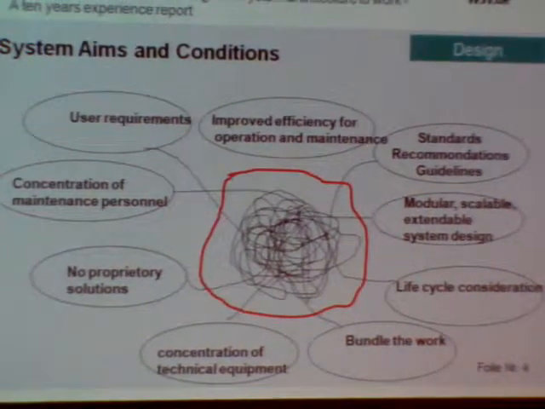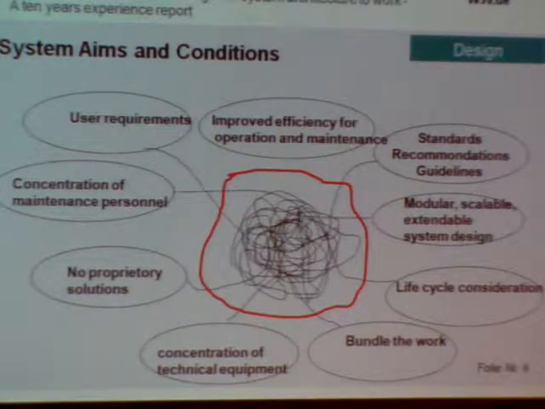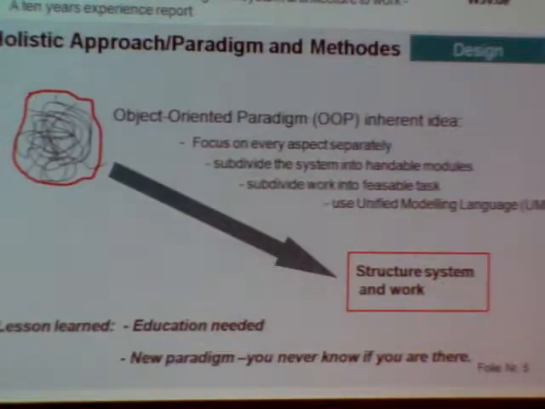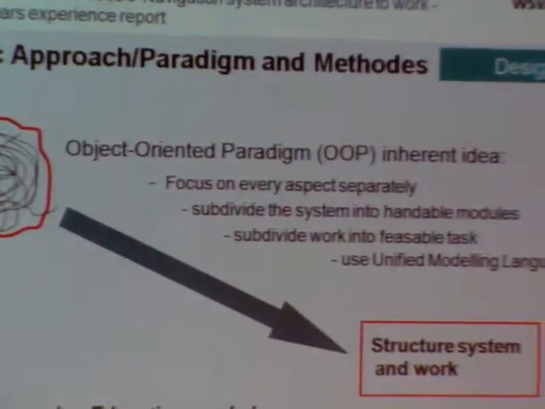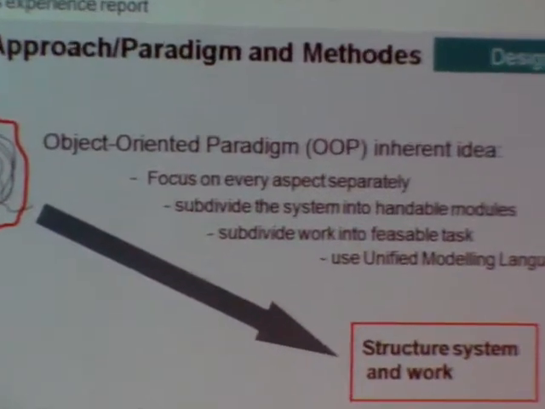We want to concentrate the technical equipment in some nodes, modular system, and so forth. So we end up with quite a lot of ropes we have to link together. That meant a holistic approach. So how to get there without getting lost with all these aspects and requirements?